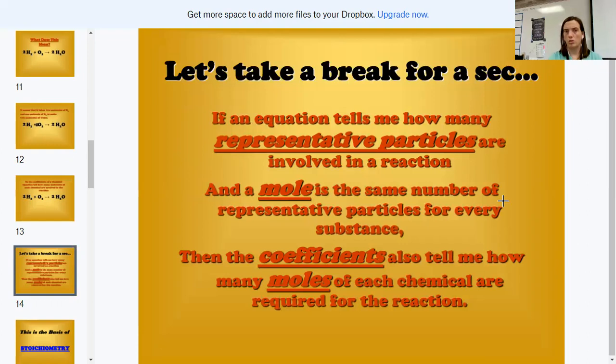Go ahead and start writing down these blanks. If an equation tells me how many representative particles are involved in a reaction, and a mole is the same number of representative particles for every substance, then the coefficients also tell me how many moles of each chemical are required for the reaction.